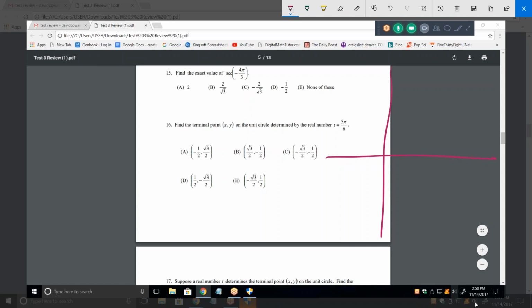That is in the third quadrant. So we know it's going to be negative. And your calculator gave you -2? Yeah, -2. None of these. In other words, the cosine would have been -2.